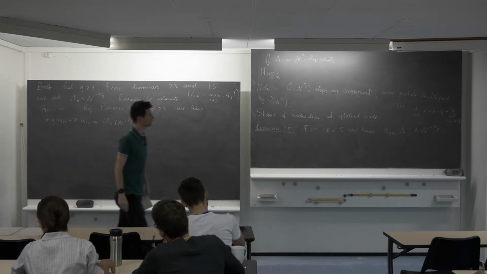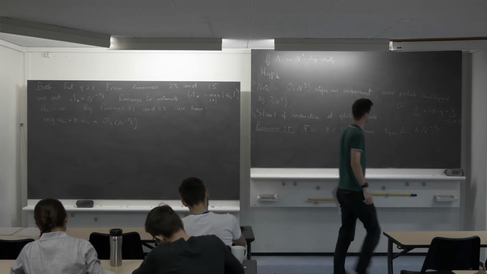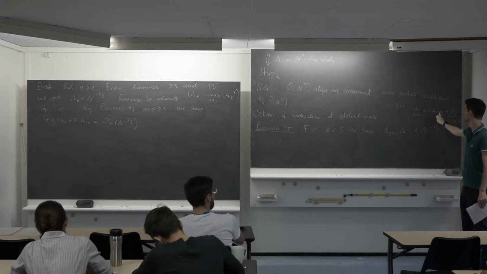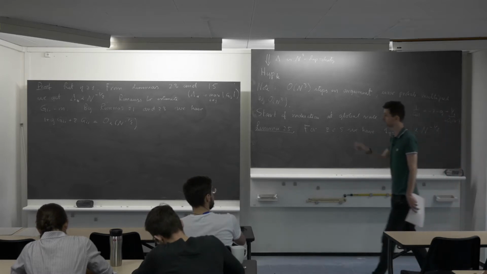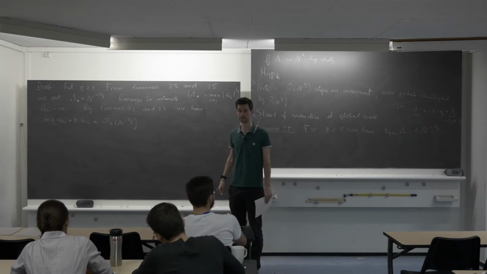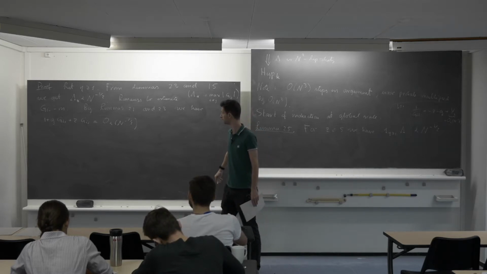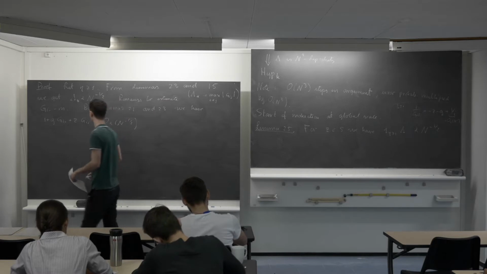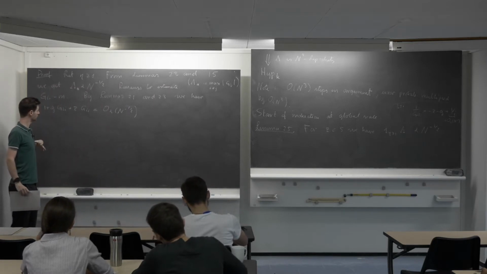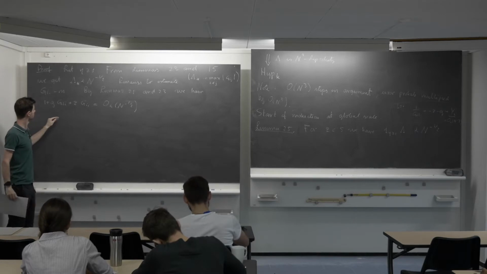Okay, so this was lemma 21. If I multiply both sides by G_ii and I bring these terms to the left, I get this equation. Now this is starting to look a bit like my quadratic equation for g, but not quite yet.